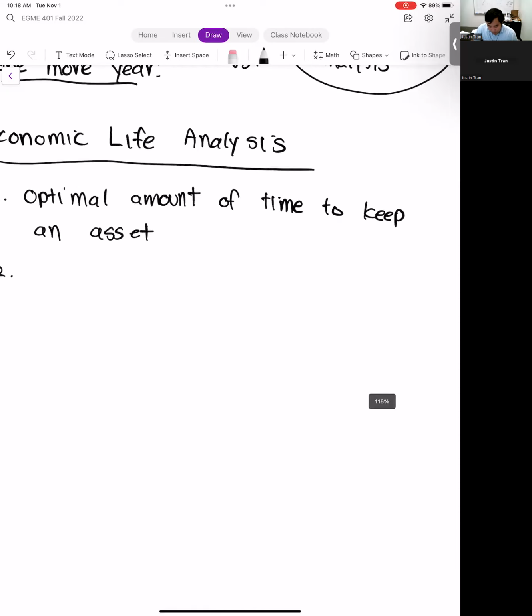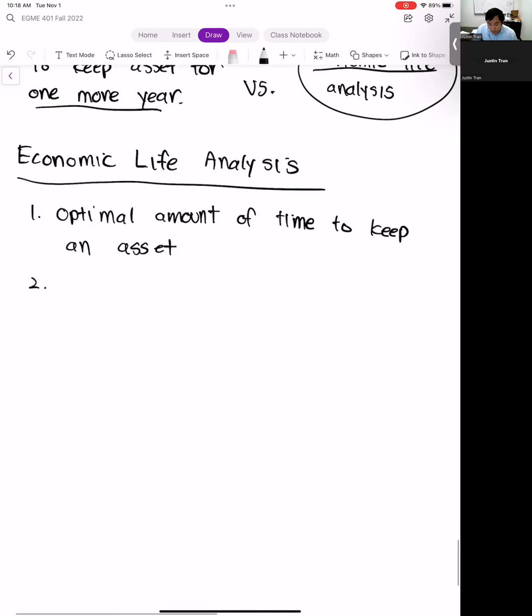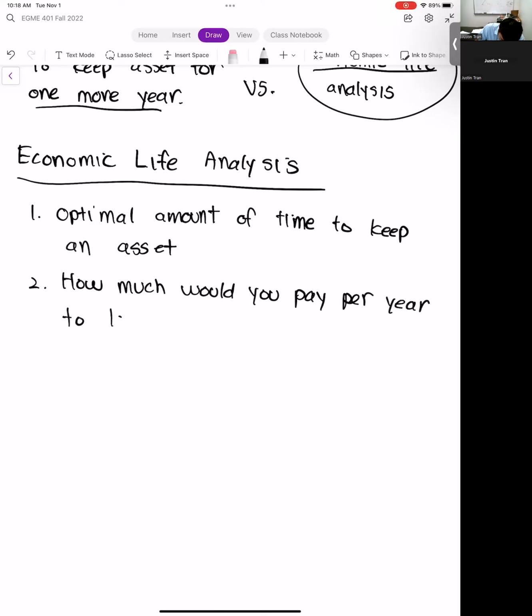And two, if you do keep the asset for that amount of time, how much would you pay per year to own that asset? Right, and ideally, you're going to keep this as low as possible.